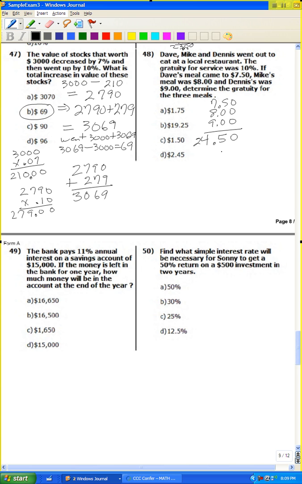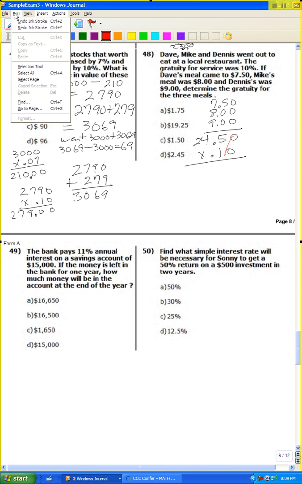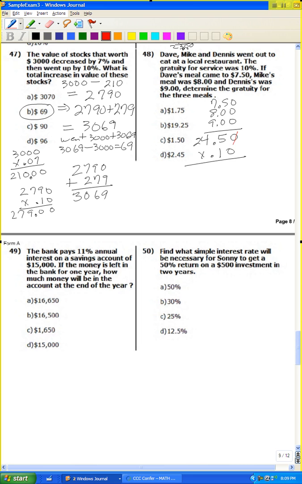So let's multiply this by 10%. Let me get rid of the zeros because I don't need to multiply by those. Good, that looks better. And so if I do that, I get 5, 4, 2, and I move it over 2 places. So the answer is $2.45. D.